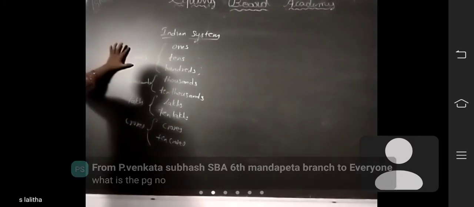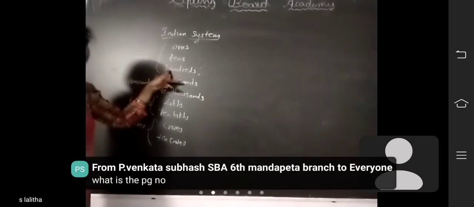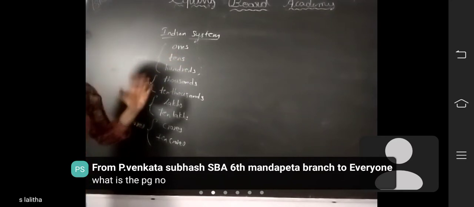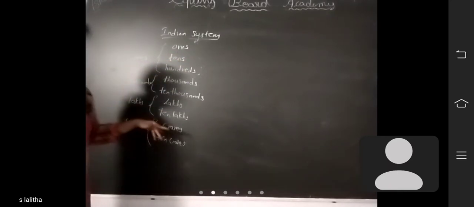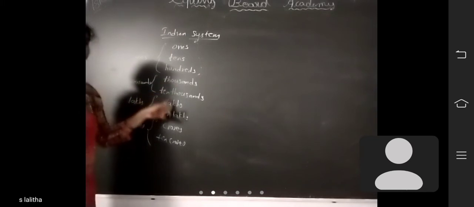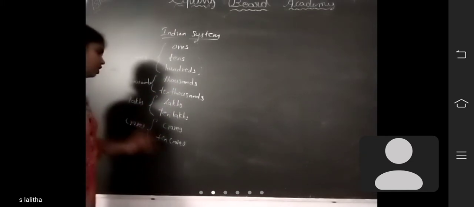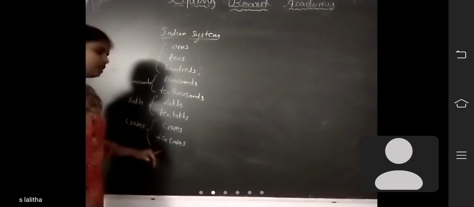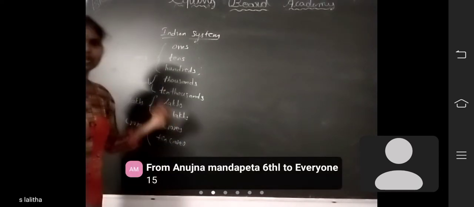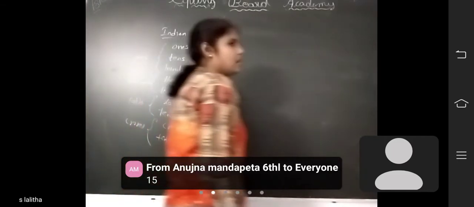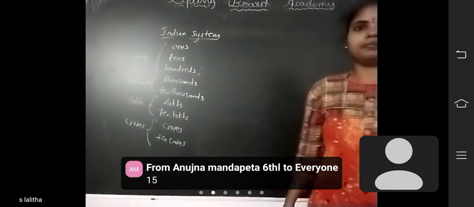So only in the ones period we have 3 places: 1, 10, 100. After that we have only 2 each: thousands period, thousands and 10,000; lakhs period, lakhs and 10 lakhs. And in the crores period we have so many: crores, 10 crores, 100 crores, 1000 crores. Did you understand the Indian system, children? Next.